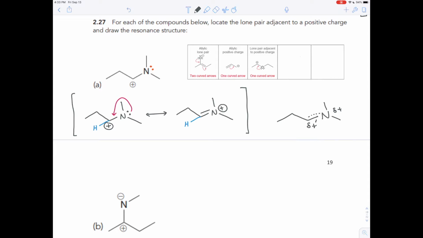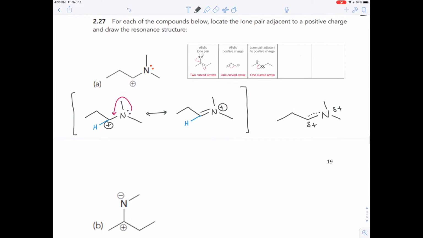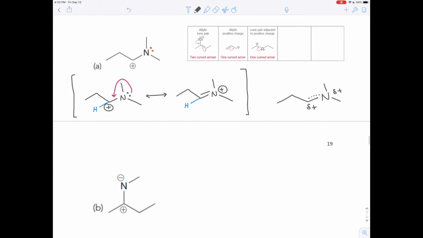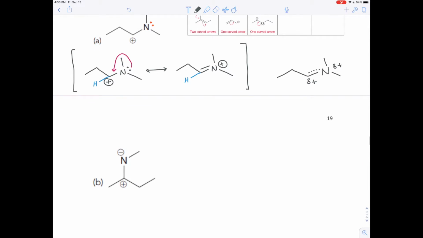There's an in-between bond there. It's stronger than single but weaker than double, and there are partial charges on these 2 atoms. And remember, the meaning behind this resonance is that it makes the molecule more stable and more rigid. The more resonance it has, the more stable and the more rigid.